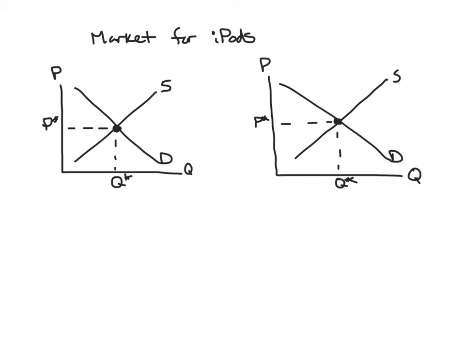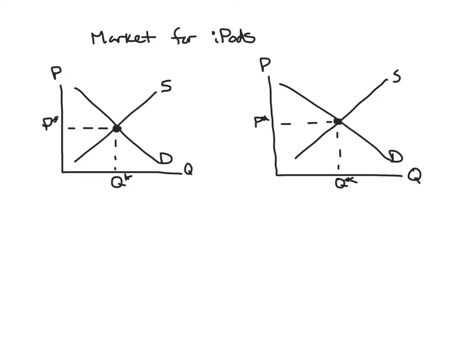We're going to address that impact in our first market graph that I drew here. And then the second factor is that it comes to light that Apple is employing children in sweatshops to assemble the iPad. So we're going to assess the impact of that change over here in the second graph. And then we'll look at the net impact of both changes at the same time.